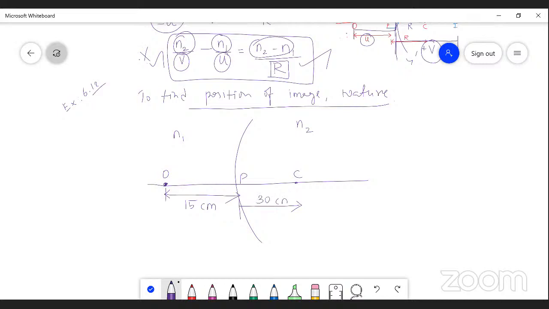The refractive index of the first medium is air. The second medium, I don't know what it is, but the refractive index is 1.5, which means glass. So n1 is equal to 1, meaning the medium is air.